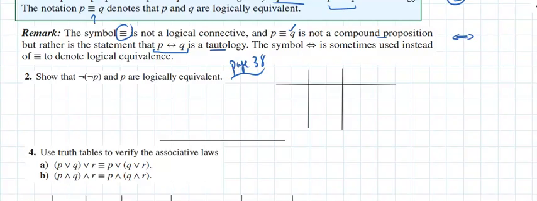Example 2 on page 38 says, show that the negation of the negation of P and P are logically equivalent. So let's look at P: true or false. The negation of P would be false, true. And if I take the negation of that, that will be true, false.